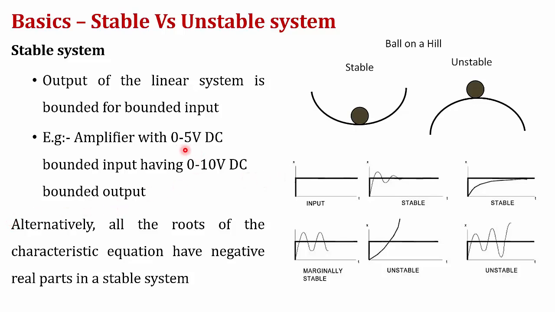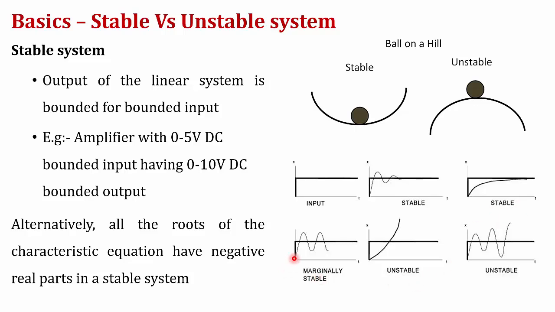Whenever there is a variation in 0 to 5, the output should vary from 0 to 10 only. It should not vary above that. That is what is meant by bounded. There is a range for the input and the output. If the variation stays within the range, we say it is a bounded input and a bounded output, and the system is said to be stable. Here the graphs have been shown. We will see this in future classes.